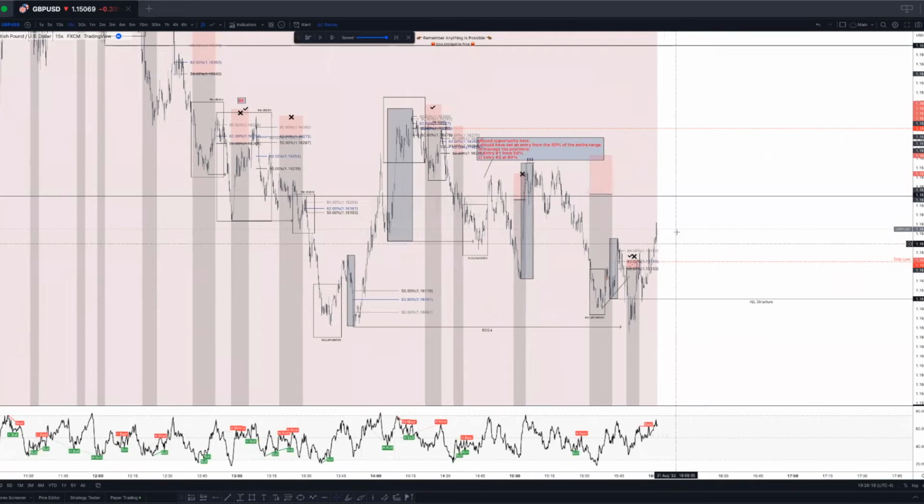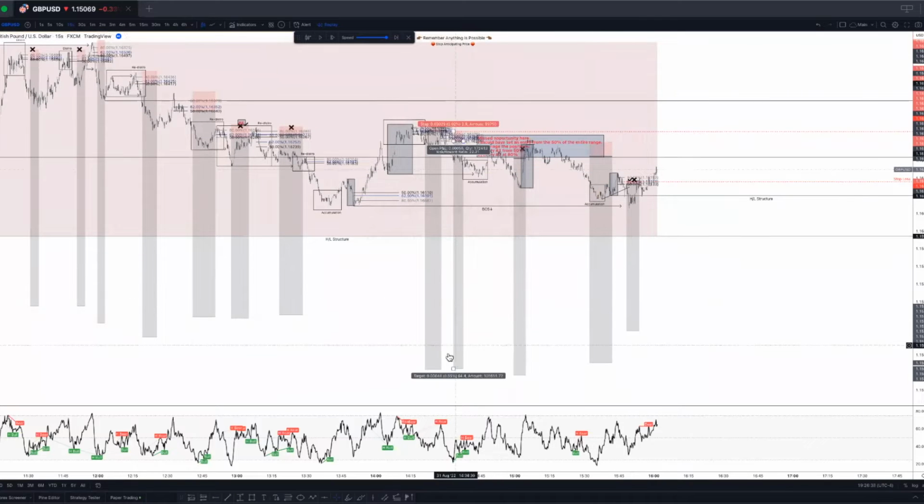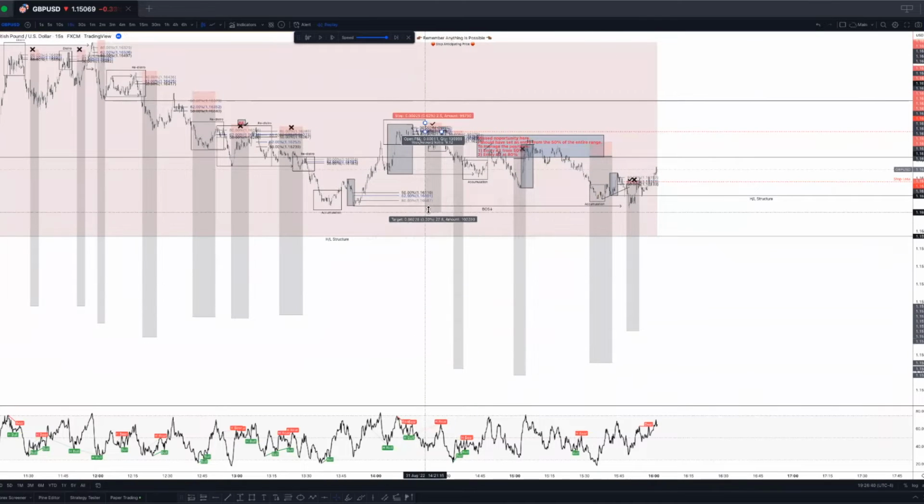Came down and broke. Now we may be coming back to test at a premium level, right? When this broke, we would have taken significant volume when this broke here. So we went at an 8%.